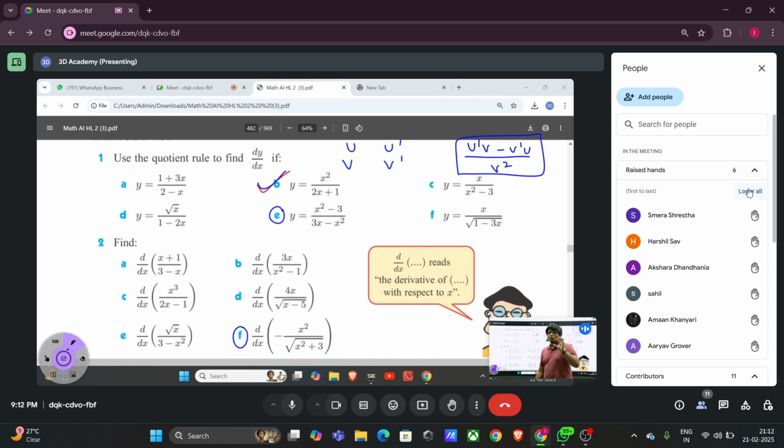So product rule, quotient rule is all about identifying what is U, identifying what is V. If you identify both of them correct, if you differentiate them correct, you just have to substitute into the formula. That's it.